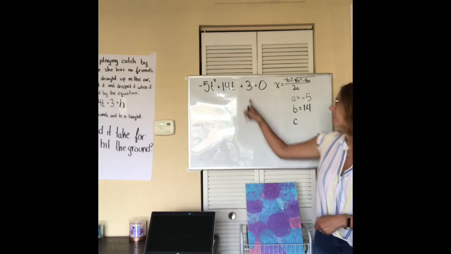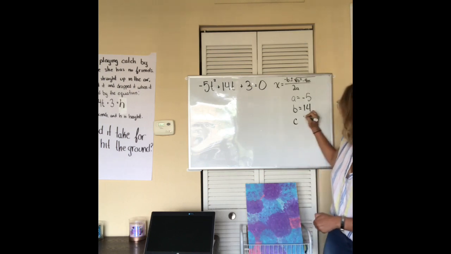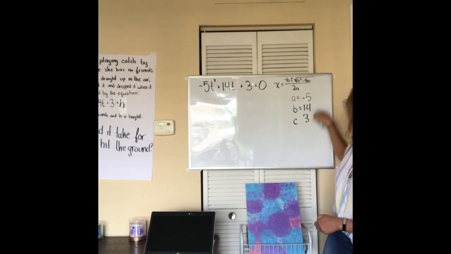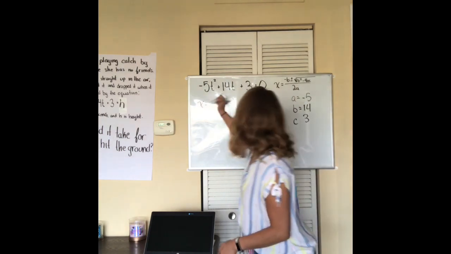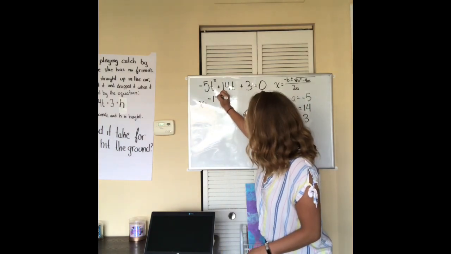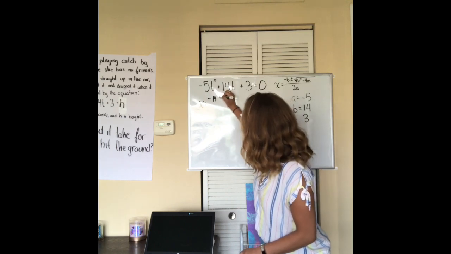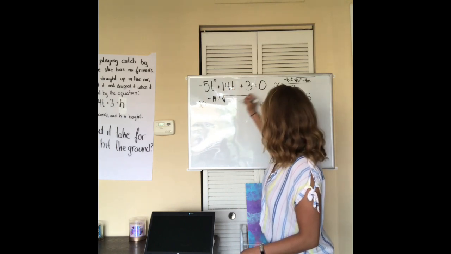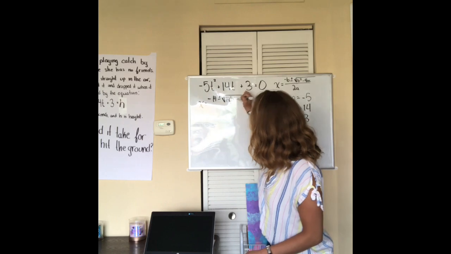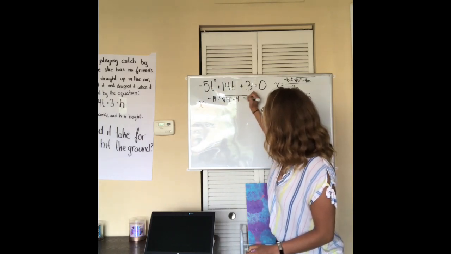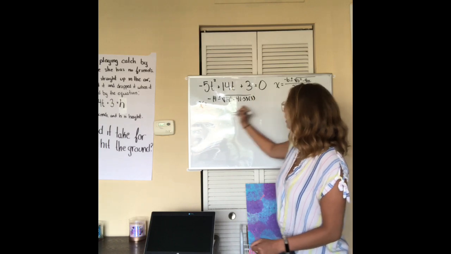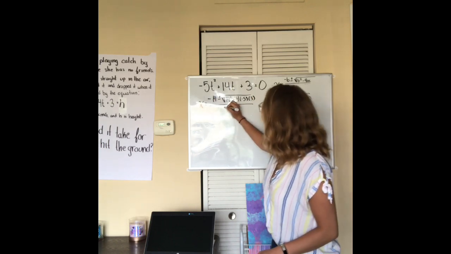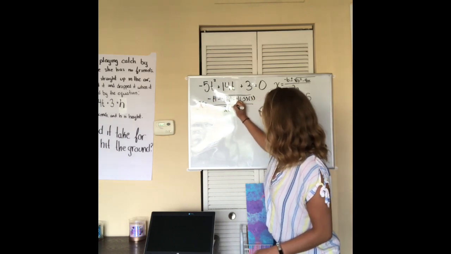And my c value is 3. I'm going to take these values and plug them into this equation. X equals negative 14 plus or minus the square root of 14 squared minus 4 times negative 5 times positive 3, all over 2 times negative 5.